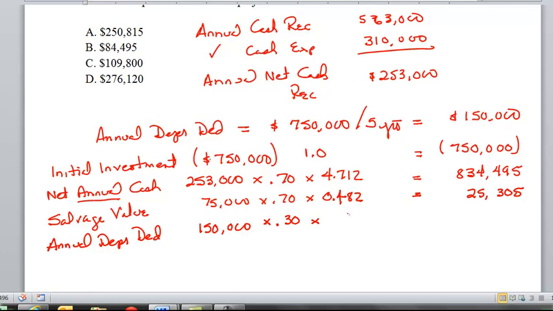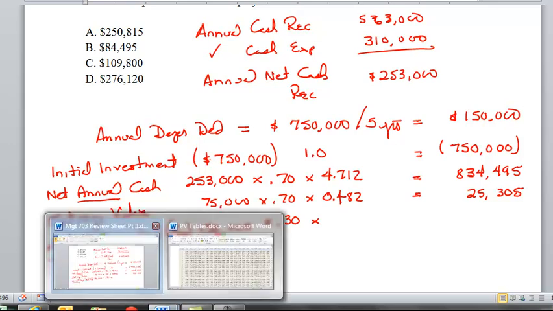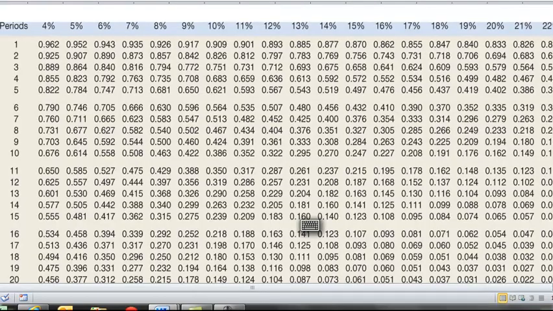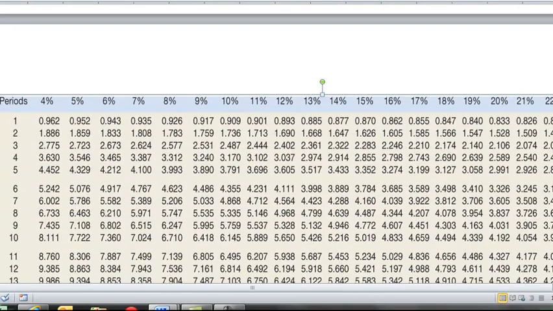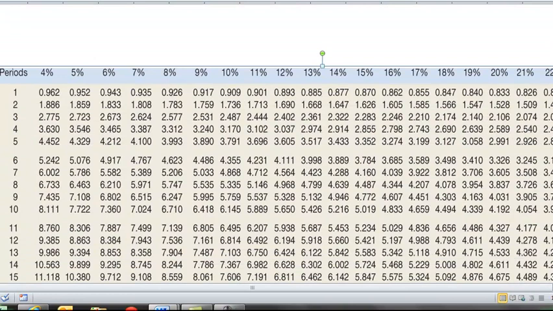The depreciation deduction is an annual deduction. So annual means we're going to use the present value of an annuity, but we're also not going to use the 4.712 because remember, this was used for 7 years. We're only taking this for 5 years. So we're going to use the present value of an annuity, but we're going to use the 11% for 5 years because we're only taking depreciation for 5 years.